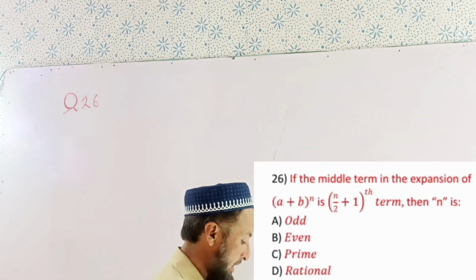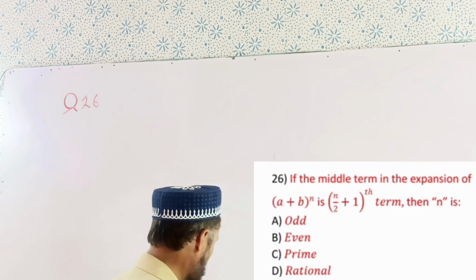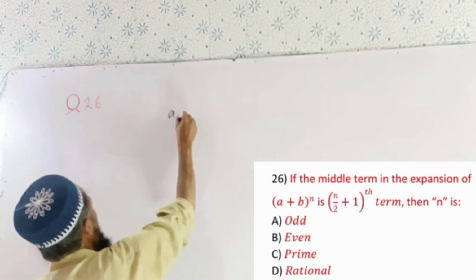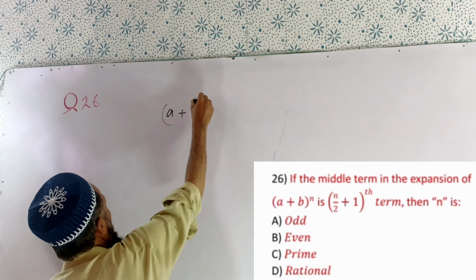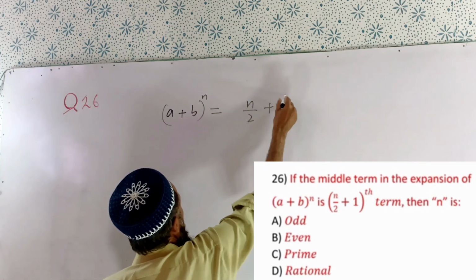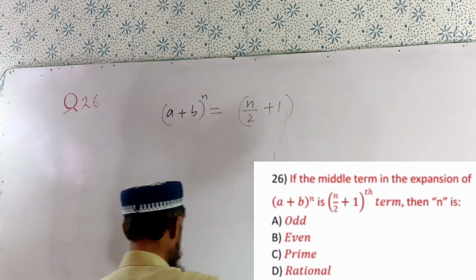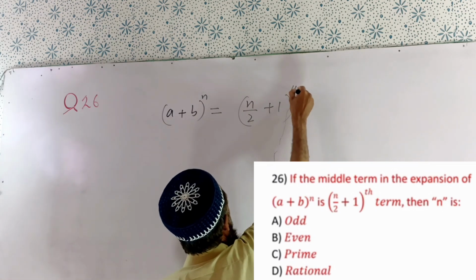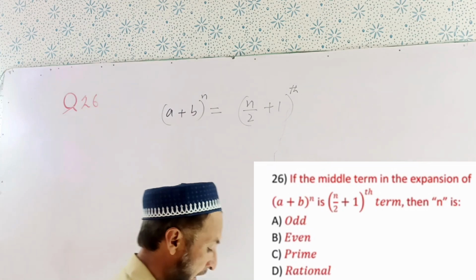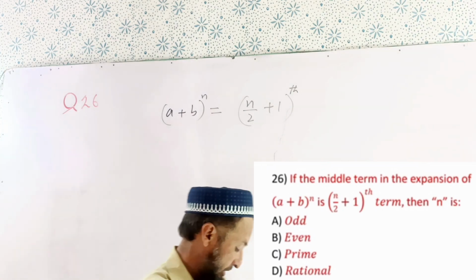The middle term in the expansion of a plus b whole power n is given by the n by 2 plus 1 whole th term, meaning the term is required when n is what?